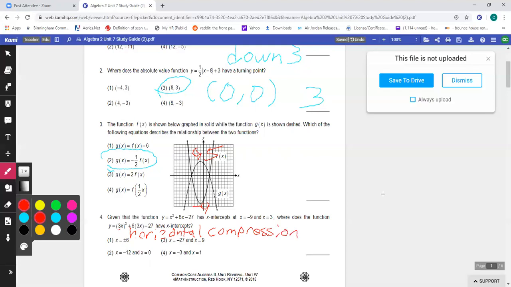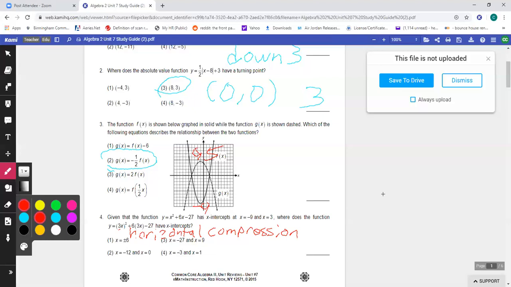So that means instead of multiplying my x values by 3, I have to divide by 3. Remember, it's really multiplying by 1/3. Remember how it's on the inside, it's always the opposite. The 3 means it's a compression, so that means we have to divide by 3. If it was a 1/3, that would be a stretch, and we would multiply by 3.